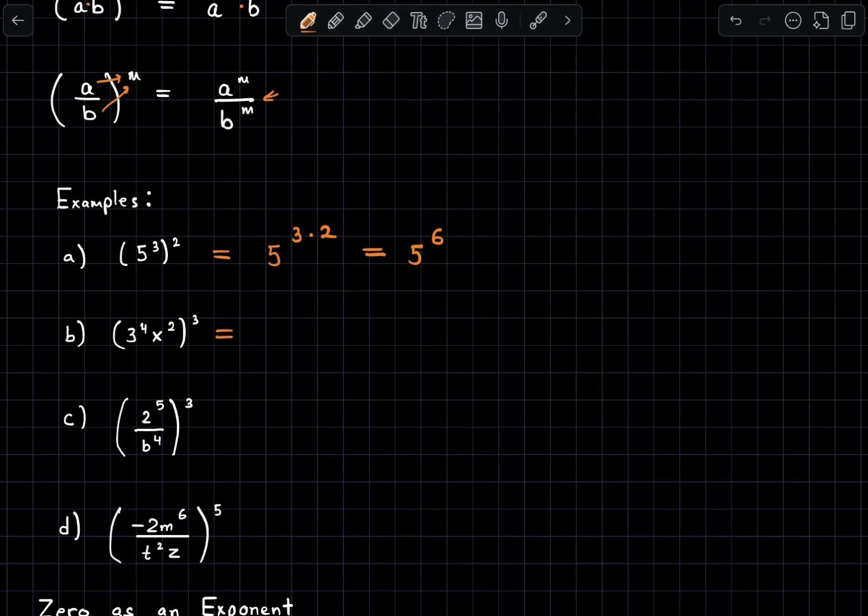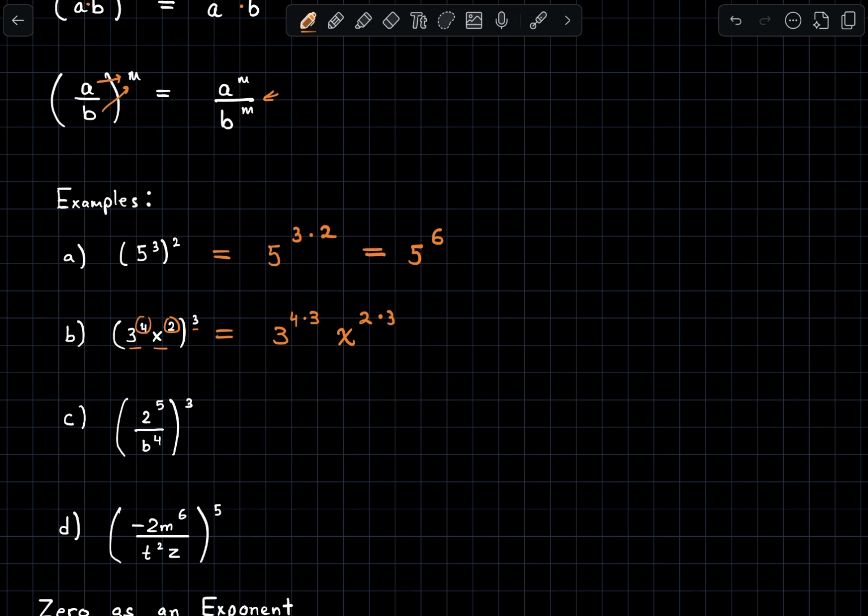Okay, now we've got multiple terms raised to the exponent. And each of these terms already has its exponent inside. So we're going to take that 3 to the 4th, raise it to the third power, so we have to multiply that 4 and that 3. And then we've got that x squared. Now it's also being raised to the third power, so we have to multiply that 2 times that 3.